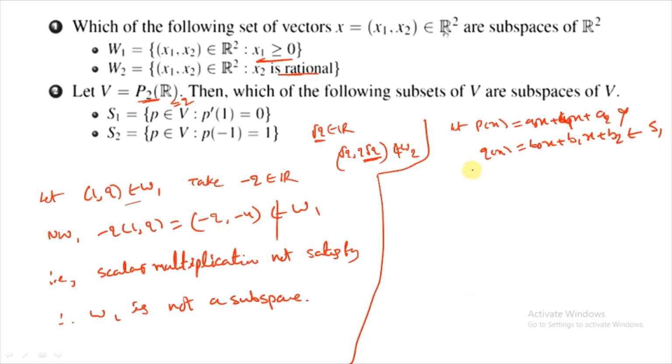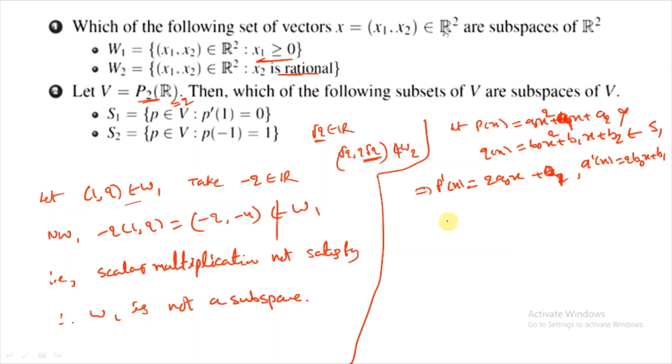Both belong to S1. This is P dash of x, the ordinary derivative. So P dash of x is 2 A0 x plus A1, and Q dash of x is 2 B0 x plus B1.